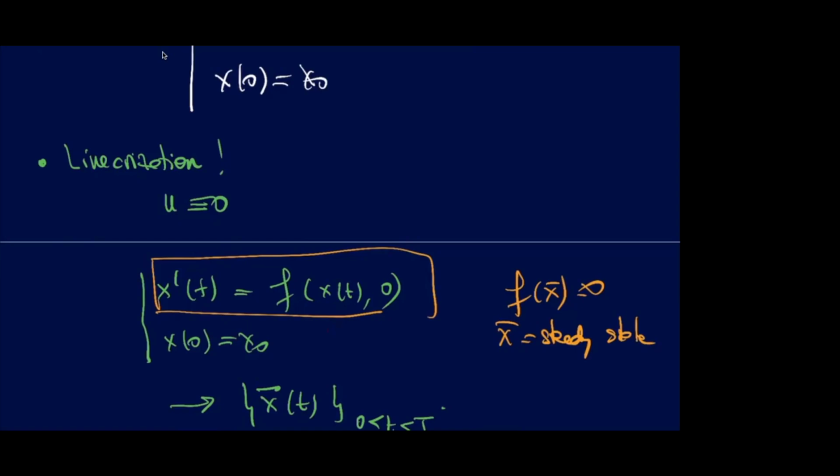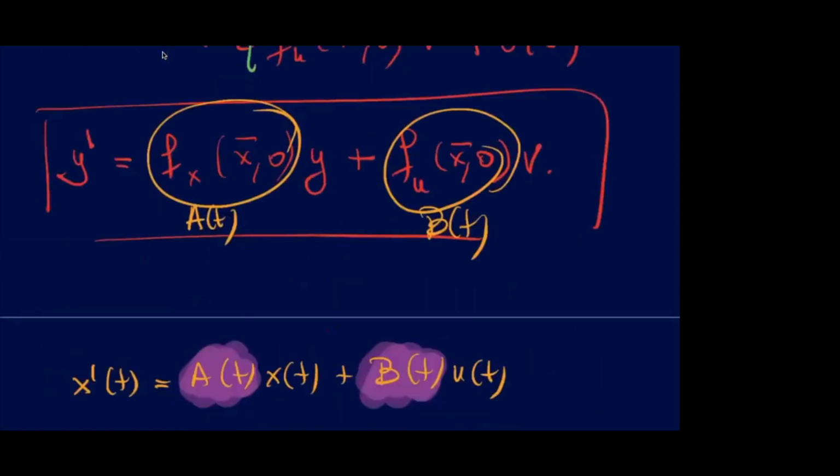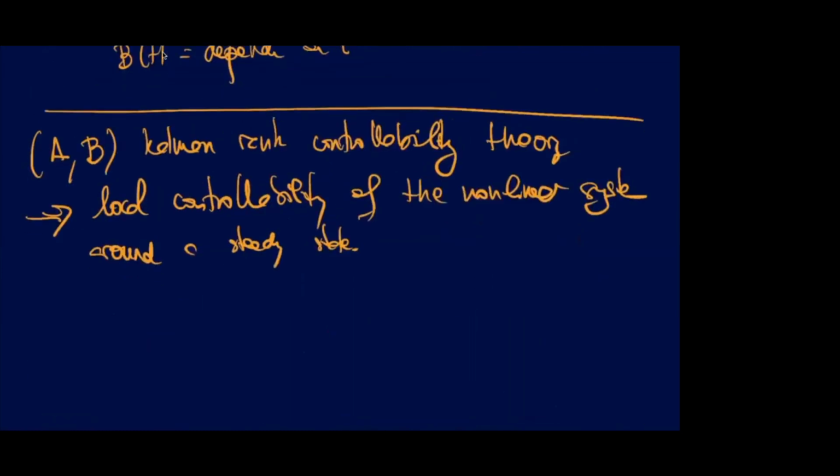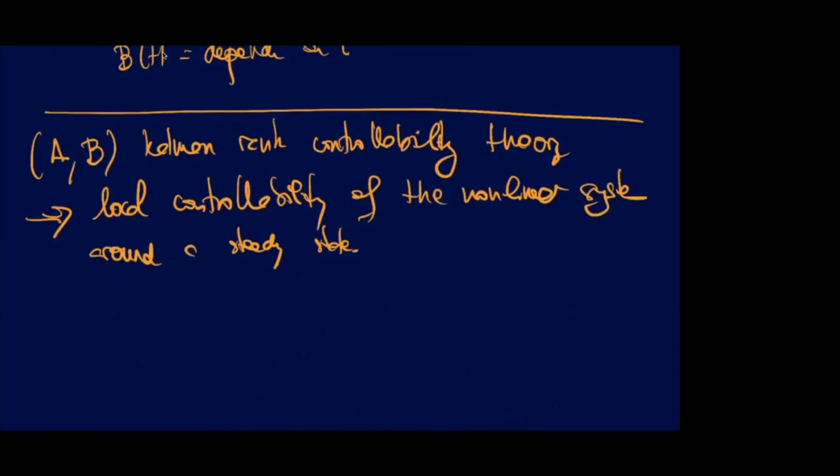If I linearize around a steady state, it doesn't happen, and I am in the A-B context. So if A-B fulfill the Kalman rank condition, then the system will be locally controllable. Okay, small variations only.